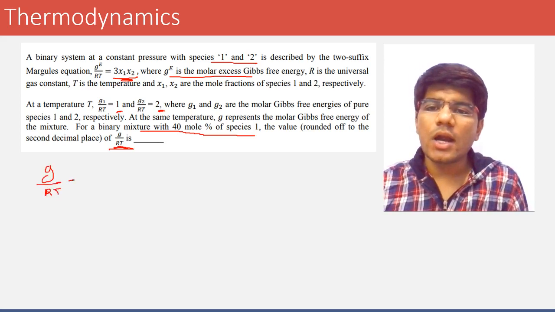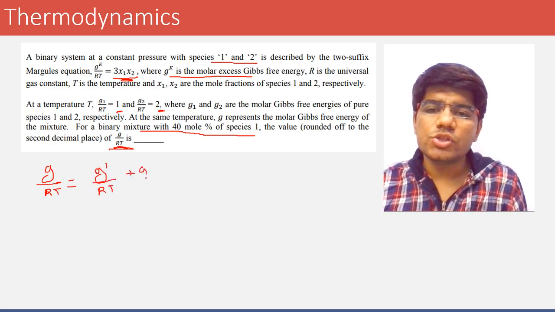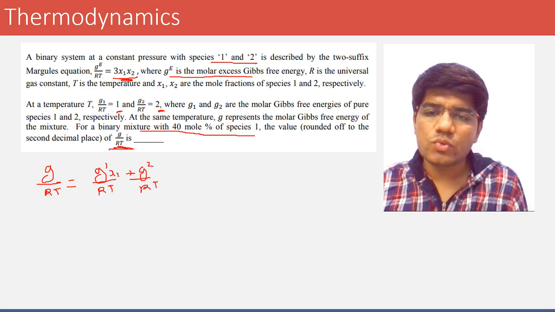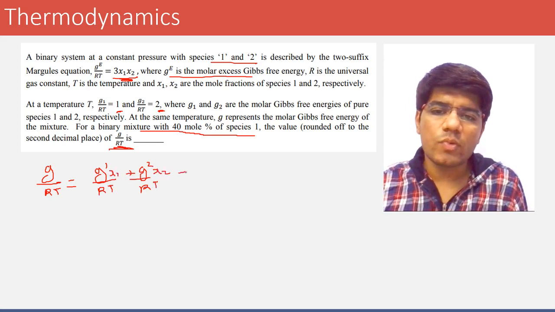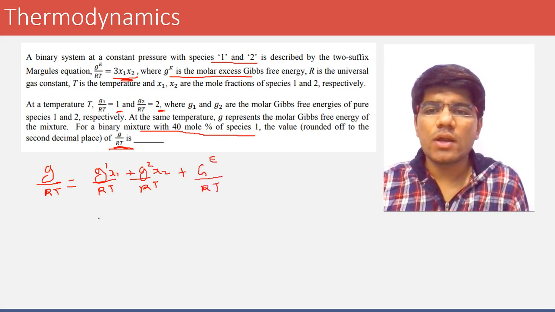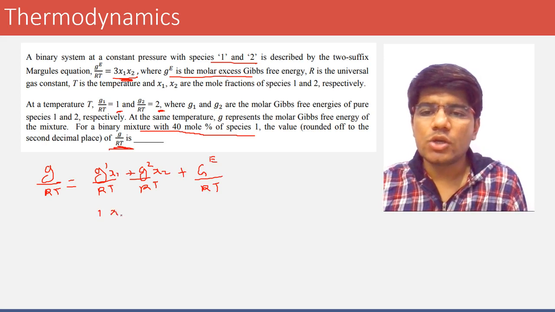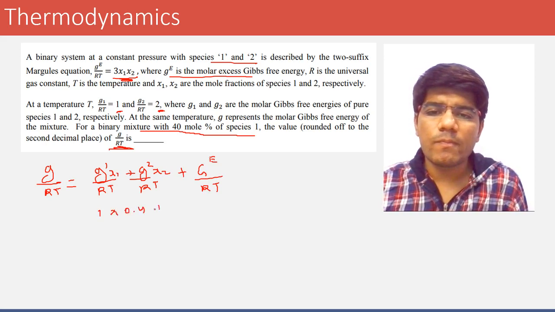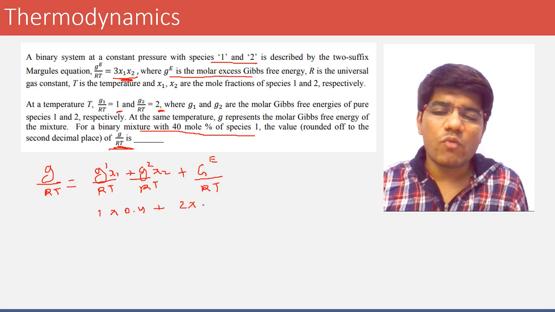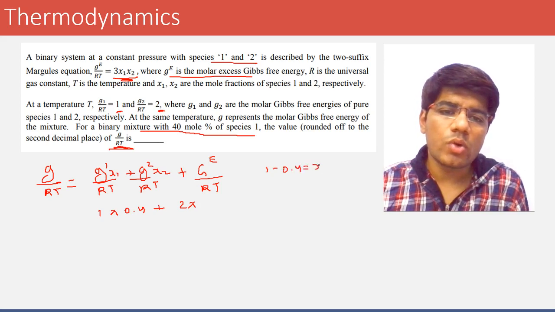So G upon RT we know is equal to G1 x1 upon RT plus G2 x2 upon RT plus GE upon RT. So G1 upon RT is 1 into x1 which is 0.4, plus G2 is given as 2, x2 will be 1 minus 0.4, so x2 is 0.6.